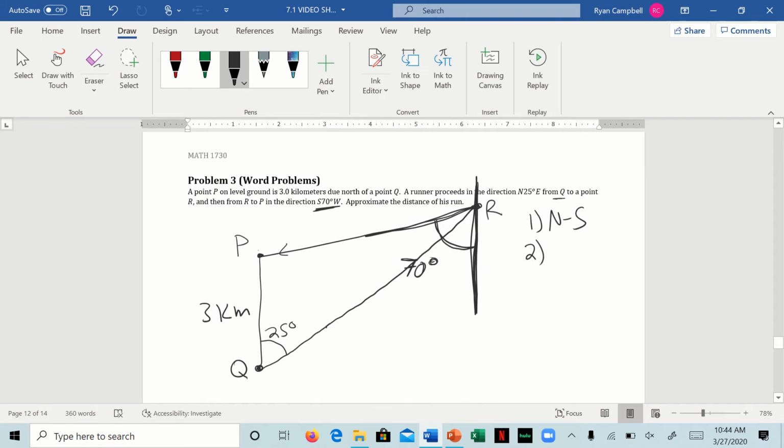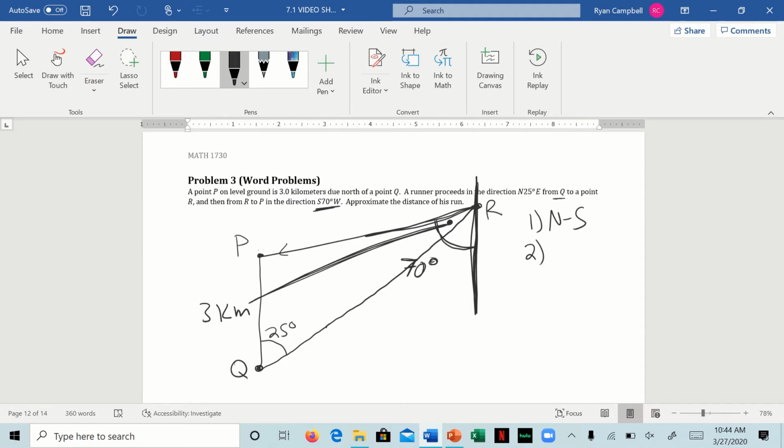So luckily this isn't asking about direction, but it's still going to be using all these things. So this angle ultimately is what we need to find if we're going to use law of sines, right? Because that's the one across from it. So should probably be using maybe some inverse trig, maybe not, we'll see.